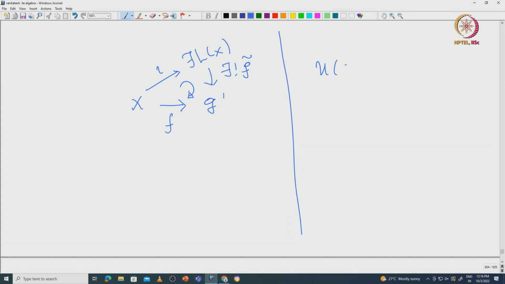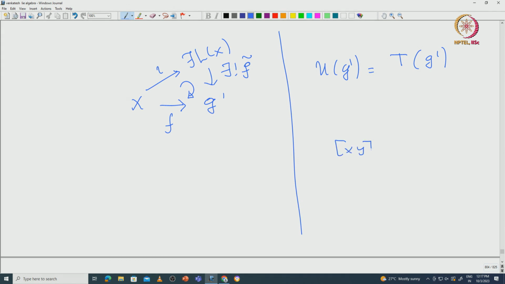Let us see. For the universal algebra, you can take the tensor algebra of G dash, okay, because G dash is a vector space. It makes sense to consider this TG dash. So, TG dash is actually an associative algebra, there is no issue. But the problem is, as an associative algebra, it is too big. So, if you take two elements of G dash, let us call them x and y, then the bracket of x y is an element of G dash, okay, that makes sense.